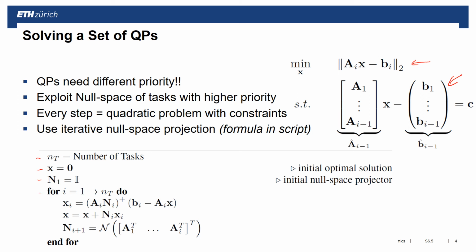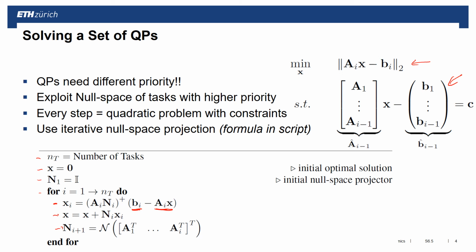Then you iterate through all the tasks, you create the solution of that one task, which is the objective that you want to fulfill, minus all the contributions of the x's that we already generated. You then update the total solution and you update the null space projection matrix.